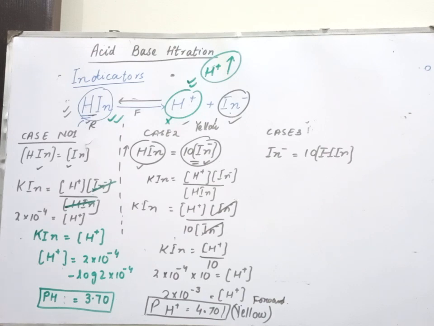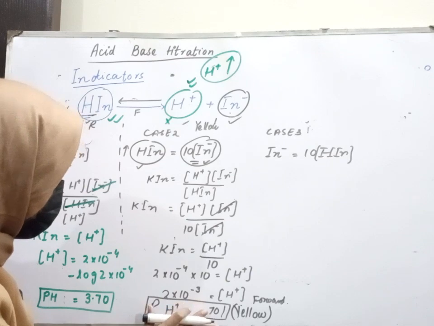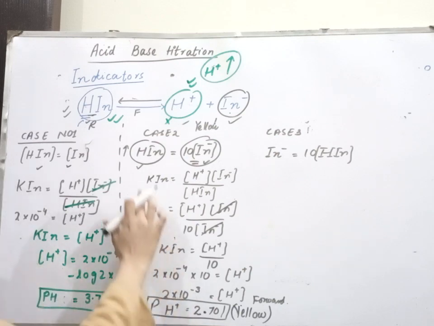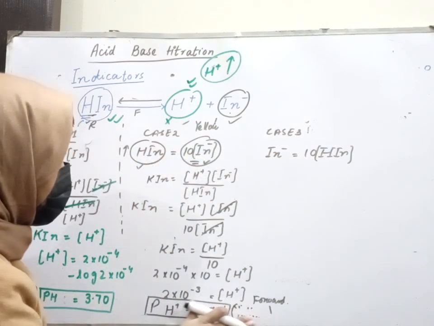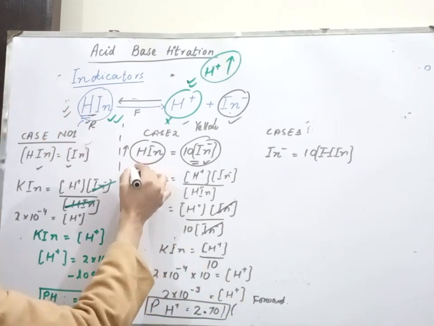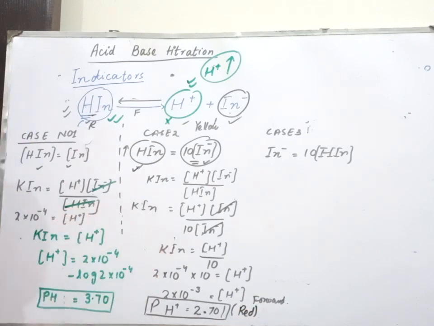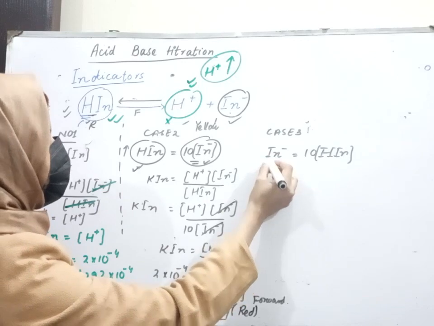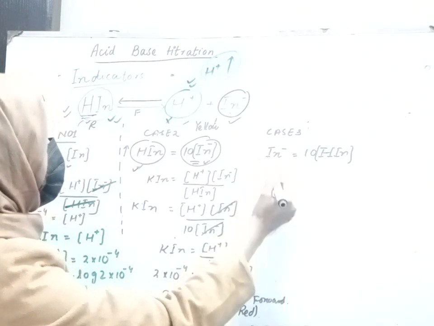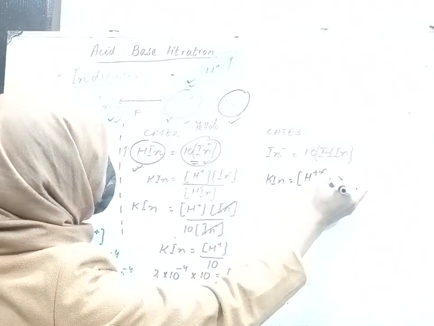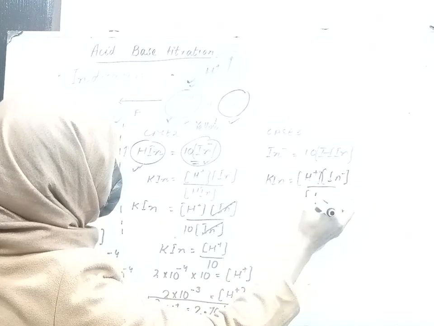And the third case will be: the H ion concentration is higher, so the red color will be predominant. Now in this case, the concentration of In is greater. So when the In concentration is greater, the yellow color is predominating. So here will be H positive, In negative, over HIn.